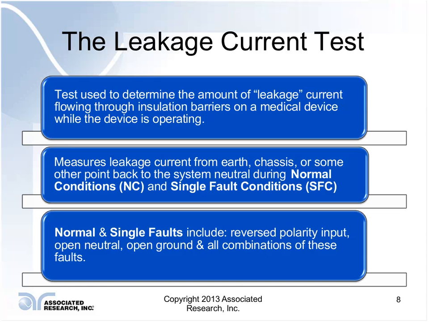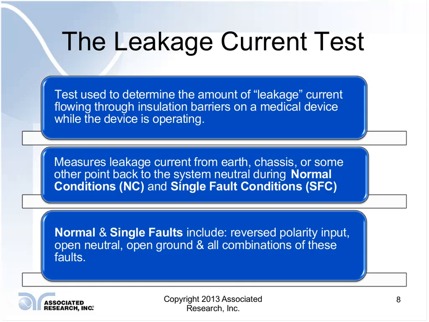So we're going to measure leakage current from earth or a chassis point or some other point back to a system neutral or line during what we call normal conditions, which I will abbreviate in this presentation as NC, and SFC, or single fault conditions. Now, a normal condition is obviously without anything going wrong, but we also have what are called single fault conditions, and these faults include a reversal of the polarity.